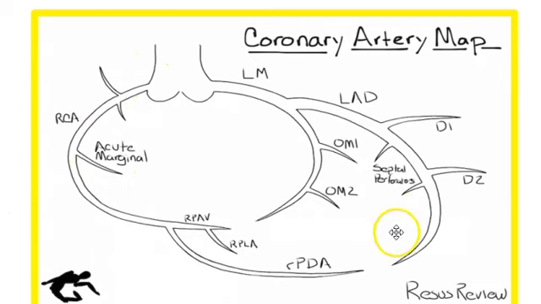If you were to take the circulatory system and remove it from the heart, it would look something like this right here, coming off the aorta and the sinuses of Valsalva, with the right and left cusps, and how the blood travels down through these different marginals and acute marginals and diagonals.